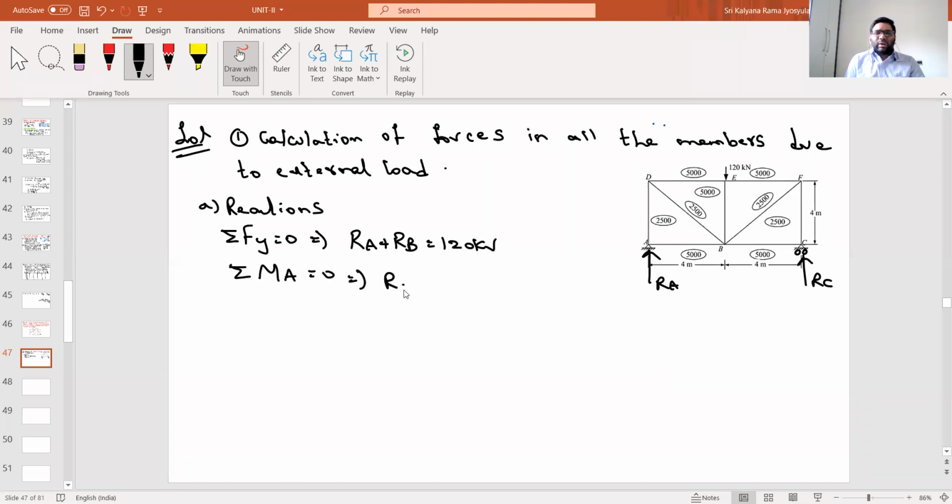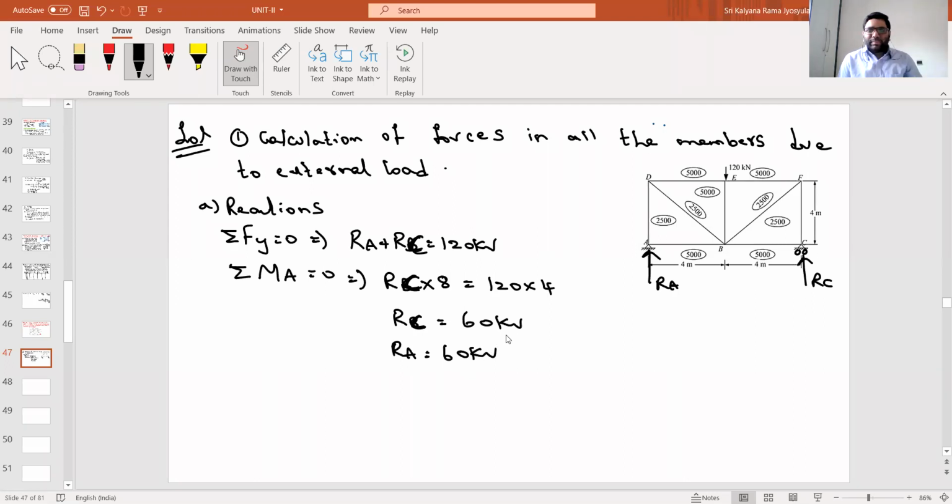Sigma Ma is equal to 0 implies Rc into 8 is equal to 120 into 4. So Rc is equal to 60 kilonewton, and Ra is equal to 60 kilonewton. Okay. Ra 60 kilonewton, Rc 60 kilonewton.